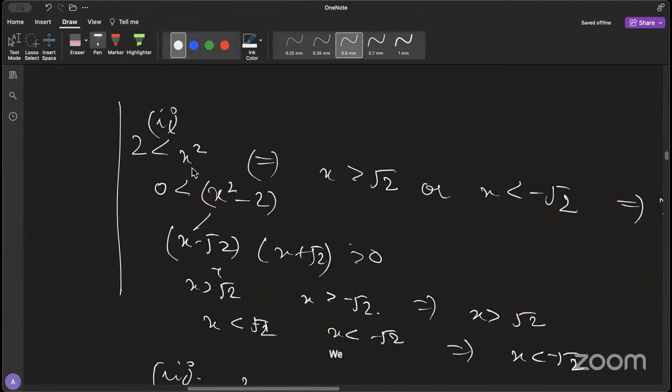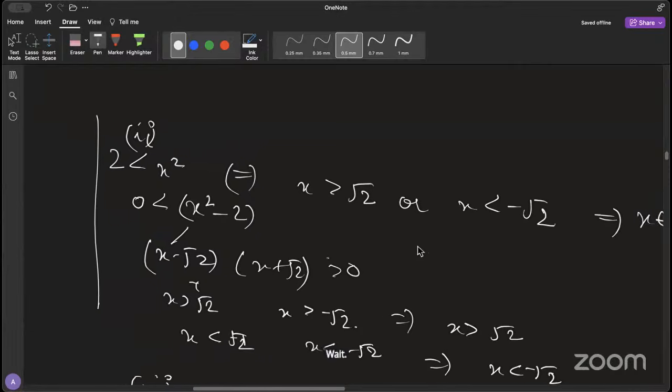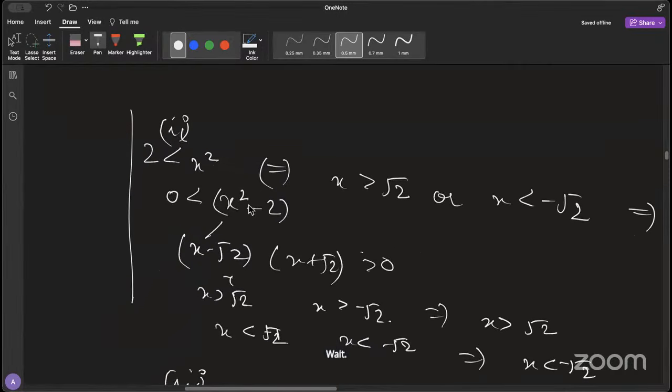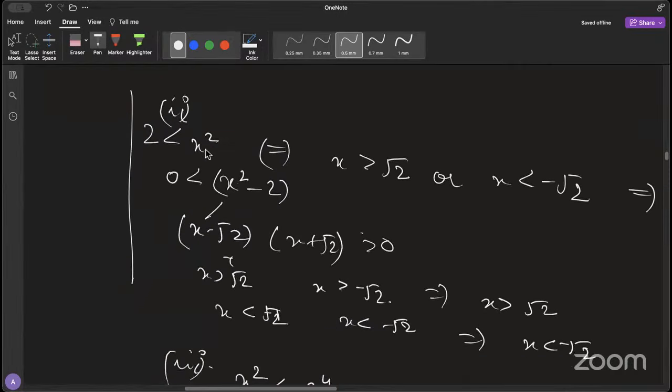We want 2 to be less than x square. So x square minus 2 greater than 0. This will be x minus root 2, x plus root 2.